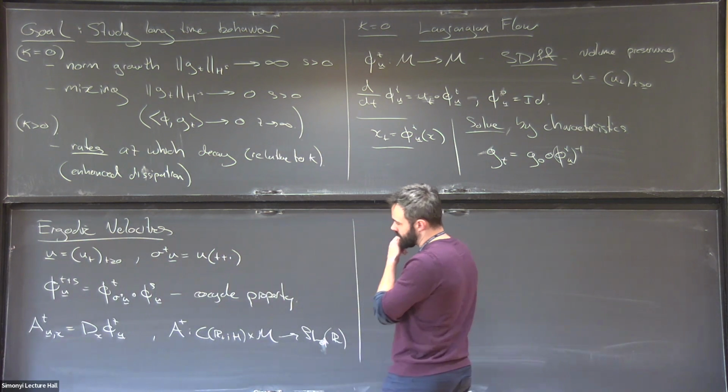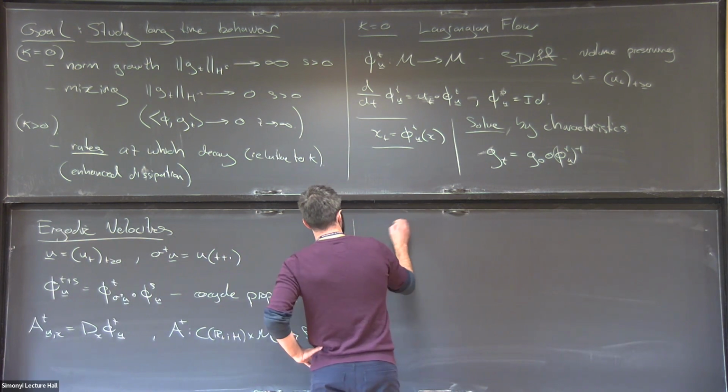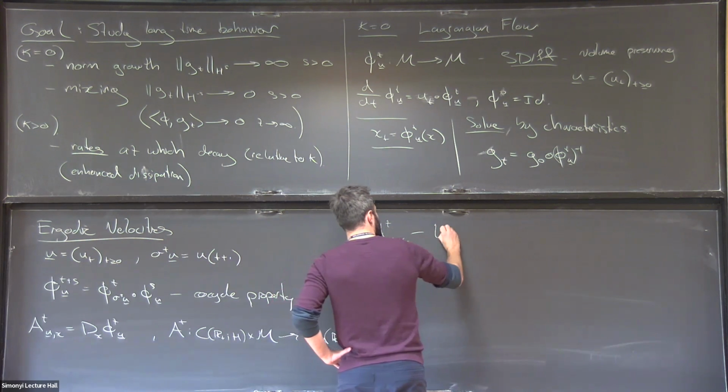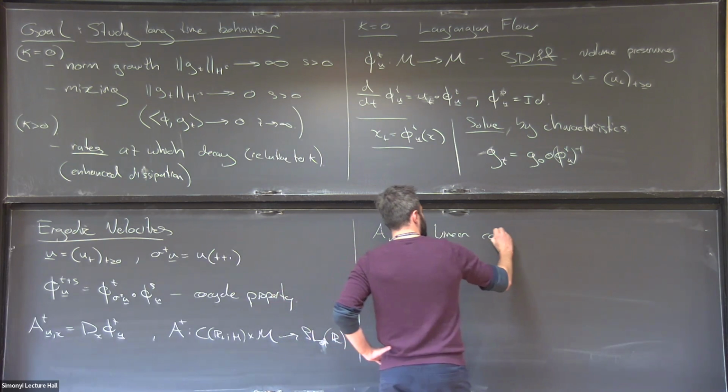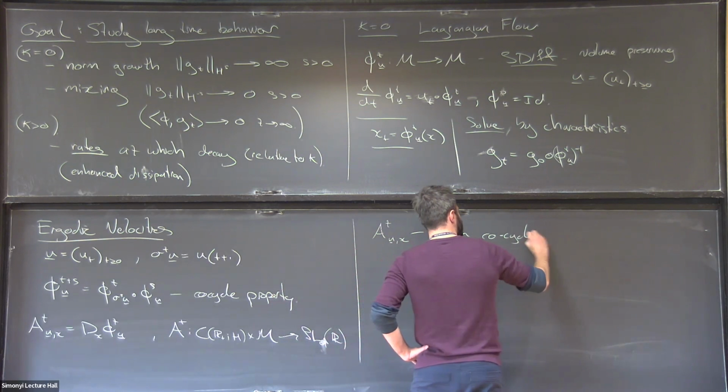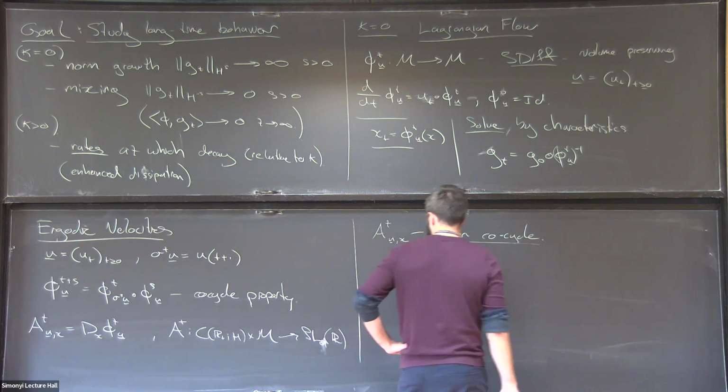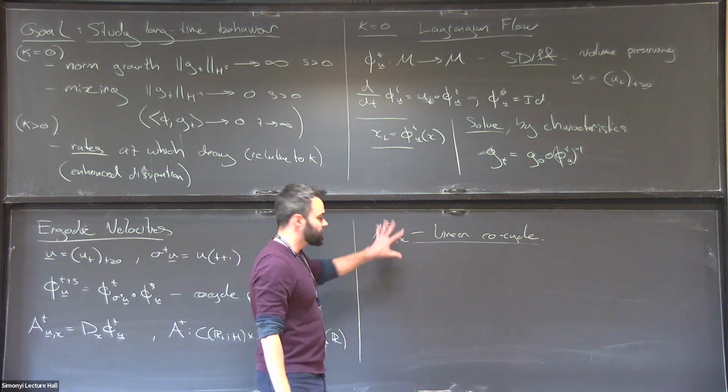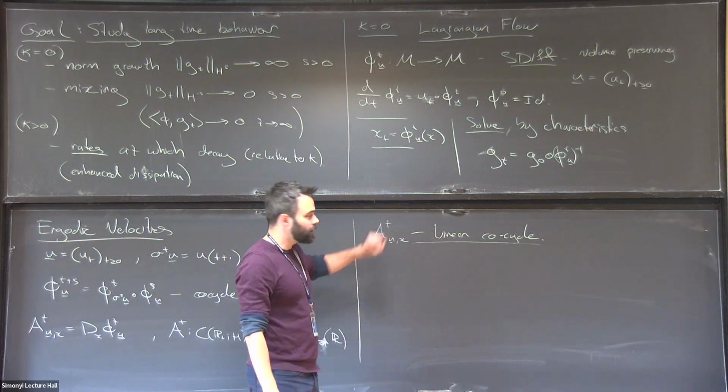And this thing often goes under the name of a linear cocycle. In dynamics, these things are studied very carefully with Lyapunov exponents.